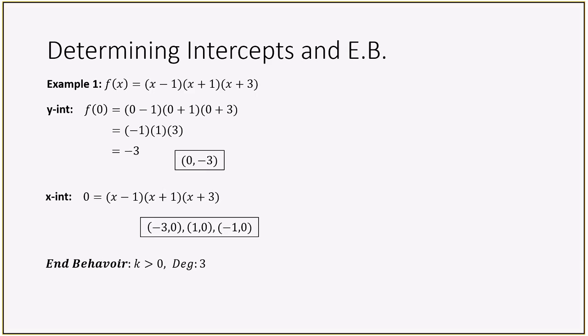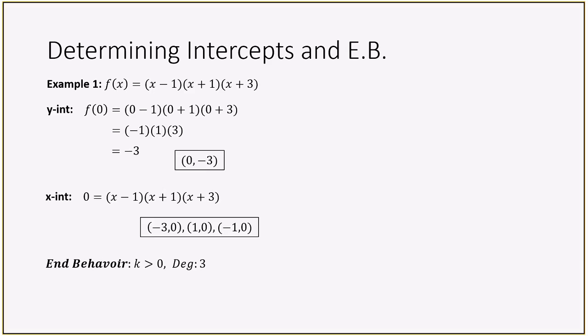Okay, well, to determine my end behavior, now, this is a bit of a shortcut. The long cut, and if you don't feel comfortable with this shortcut, definitely take this route every time, it's just more work. If you have something already factored, what I can do is look at how many terms I have and if there are any powers associated with it.